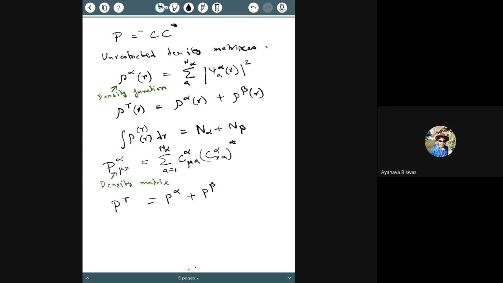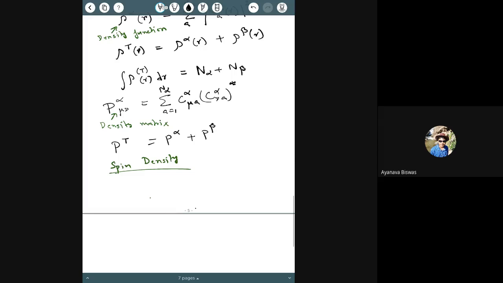Okay. Now, the additional thing that is interesting in the unrestricted case is you can have an idea of the spin distribution in a molecule. So you can define something called a spin density, and that is simply the difference of the alpha density function and the beta density function.